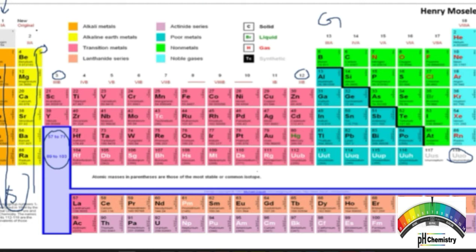Because these are present between this S block and this P block elements, and they have properties in between both of these blocks, S and P block. So these are known as transition elements. I will tell you later what a block is. Okay, for now you understand this. All the elements shown in pink are the transition elements.